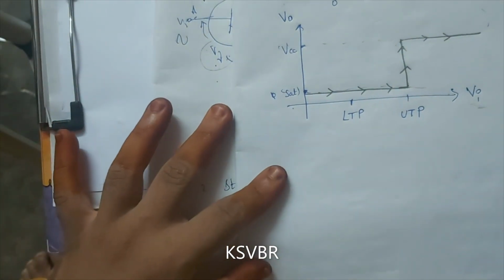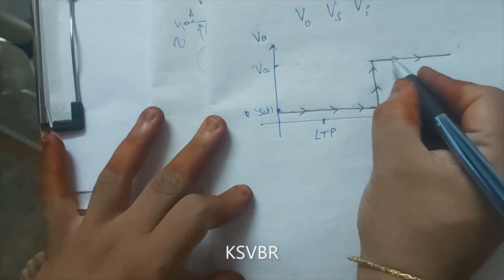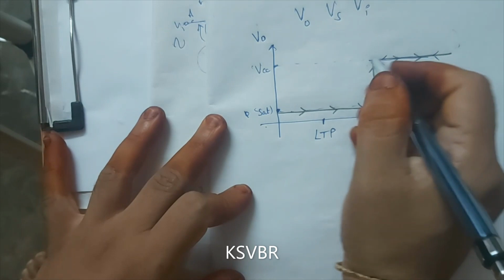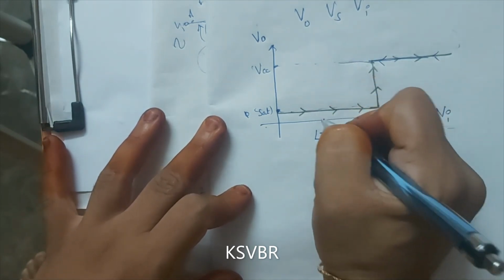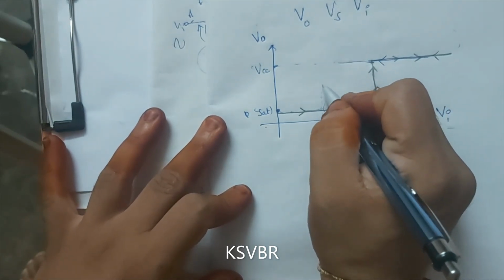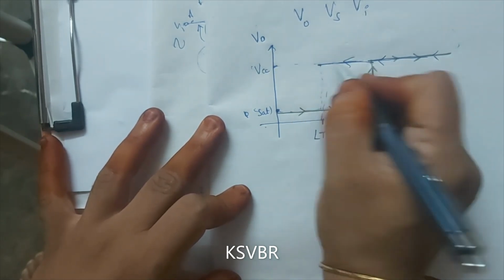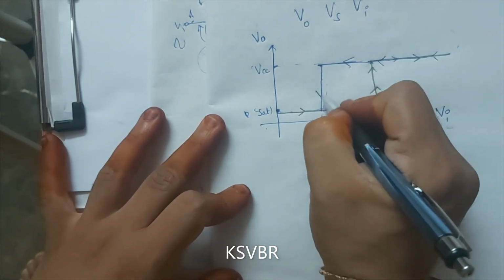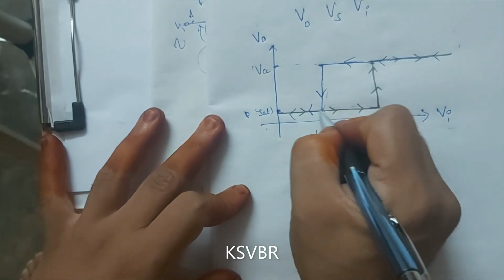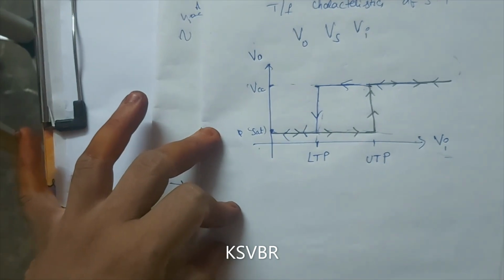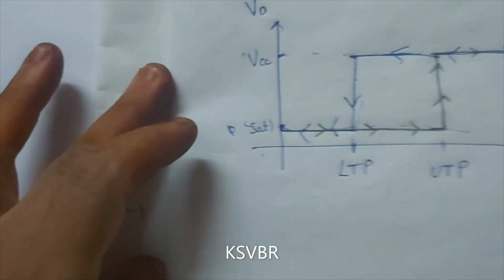So the input kept on decreasing, and whenever the LTP point comes, it changed its state. This is the hysteresis curve.